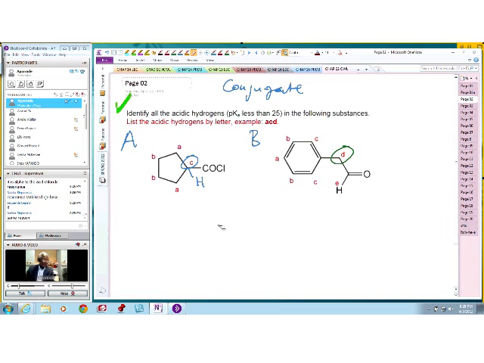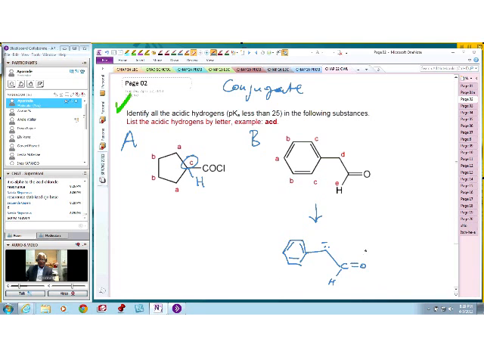Same reason as above, excellent. In other words, the conjugate base of this, once we remove the hydrogen, will be stabilized by resonance. Natalia said the same reason as above, that is correct. So you have this here, and then you have this here.